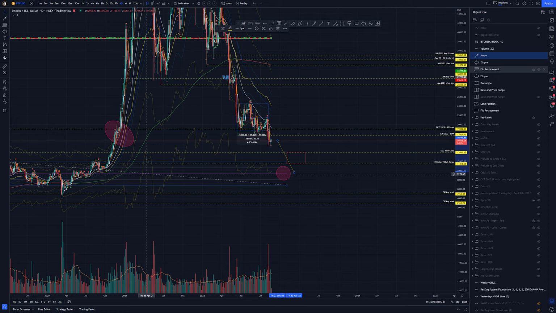I mean, it can, but ideally it would tag this level and protect this level 1 or 2 times. And then it would come up and just trade within this very uncomfortable range, because it'll be very uncomfortable.